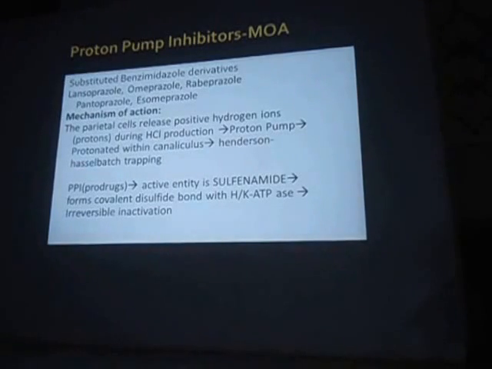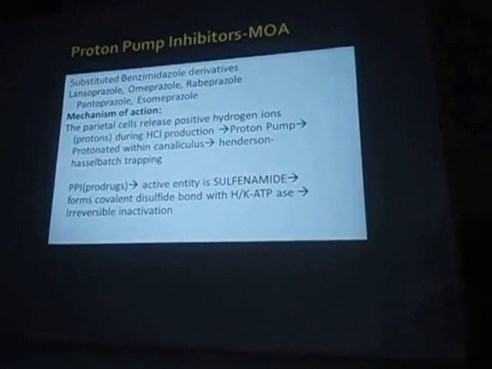Coming to the next group of drugs, the proton pump inhibitors. We saw that the final step, whether through protein kinase or histamine, was to activate the sodium potassium ATPase system. So we are now concentrating on the drug which directly blocks this action.